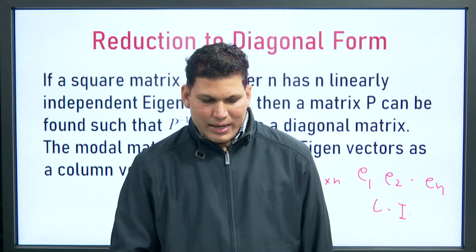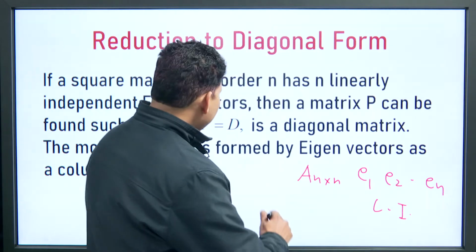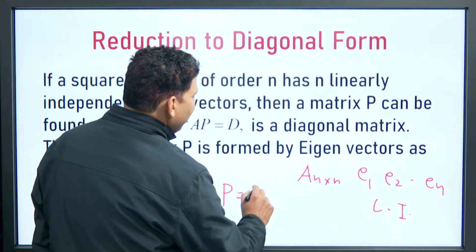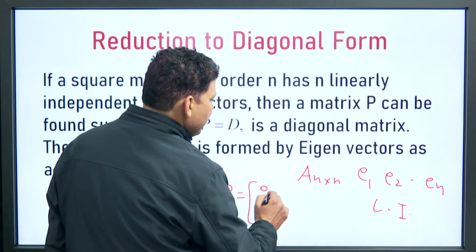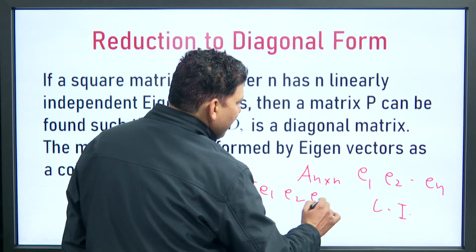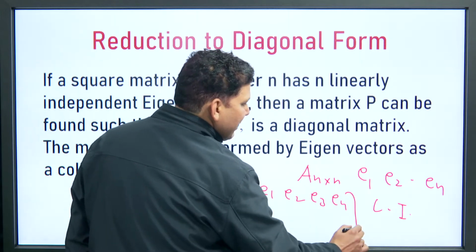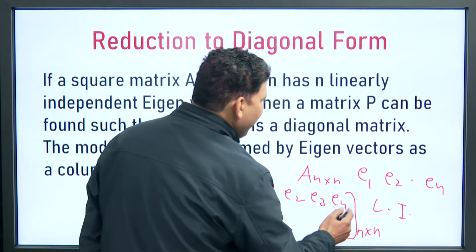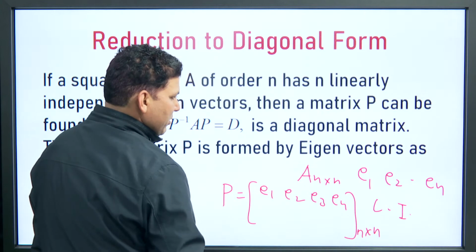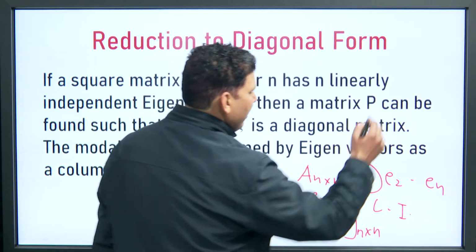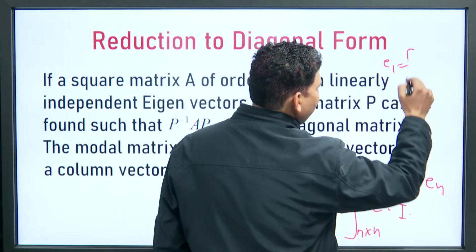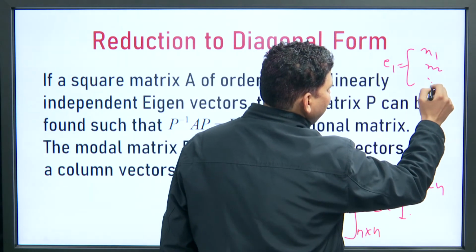The modal matrix consists of these eigenvectors as column vectors, E1, E2, E3 up to En, so this is an n cross n order matrix. Eigenvectors are column vectors, suppose E1 equals x1, x2 up to xn.